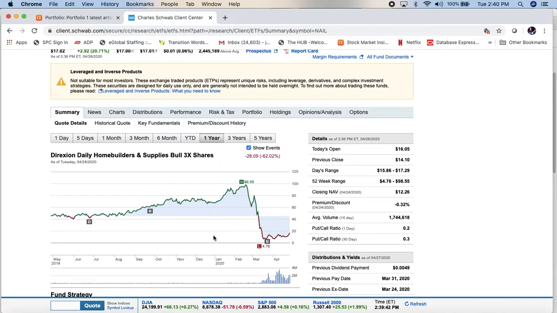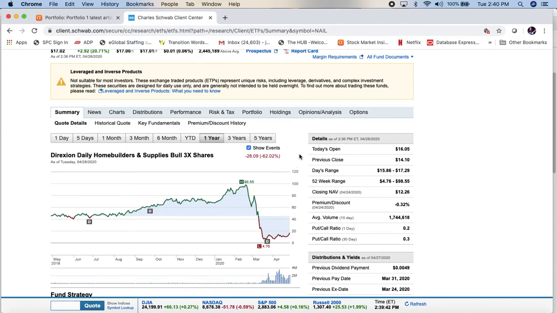And the reason is, in looking over the year, you don't have to be a genius to see that, even in a worst case scenario, when things are normal, this ETF is trading for around, I'd say, 42 to maybe 50 range. And right now, today, it's selling for $16.05.